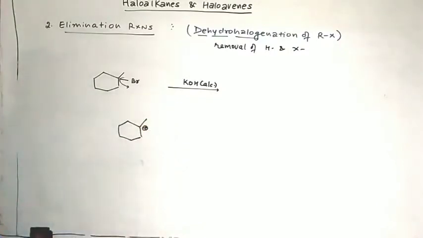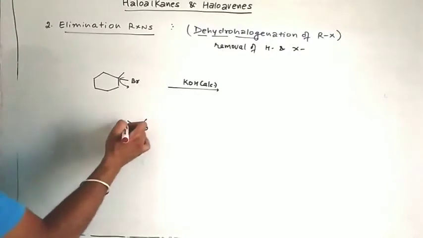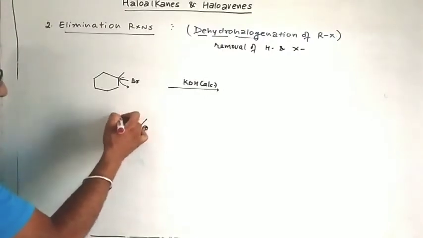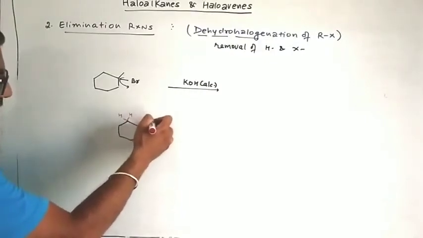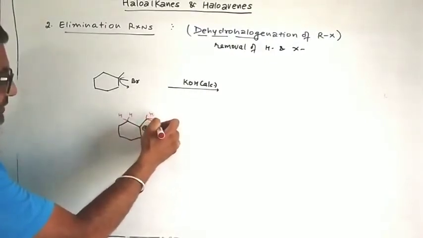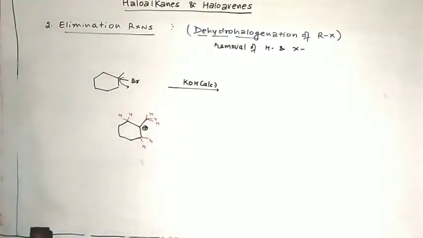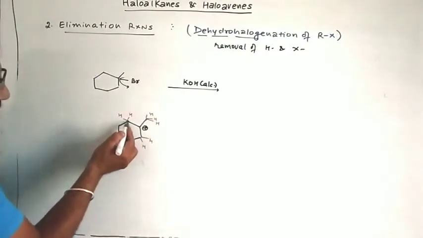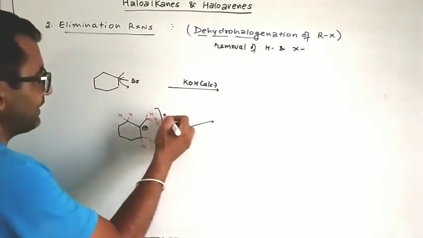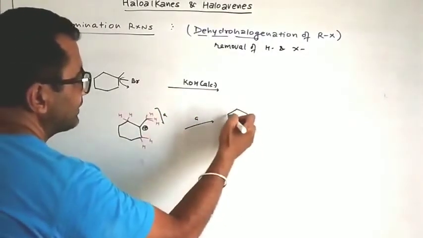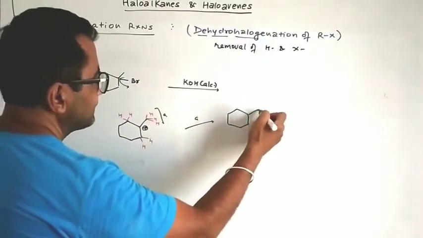This is a 3 degree carbocation already. Now from where will we remove hydrogen? These are the beta hydrogens. These are the beta hydrogens. These are the beta hydrogens. So you have to remove one hydrogen to get the final product. So either you remove from this or this, both are the same thing. So when you remove A, the product formed is like this.